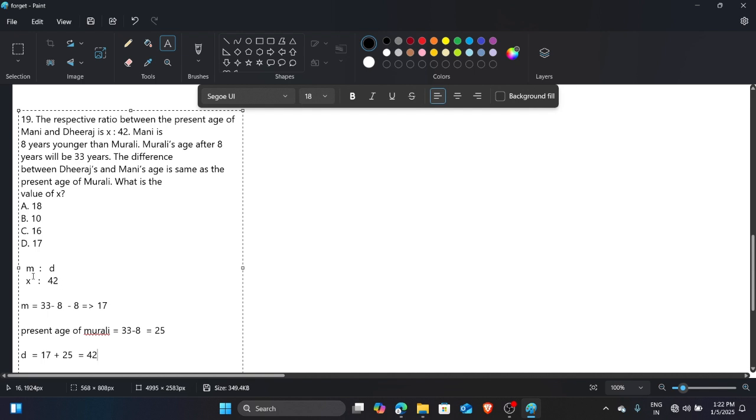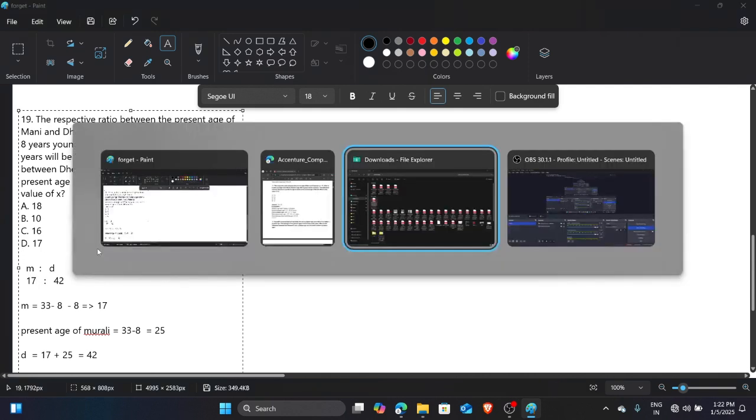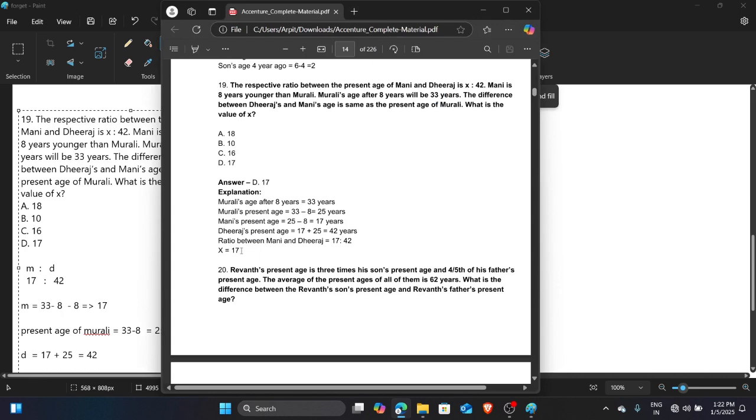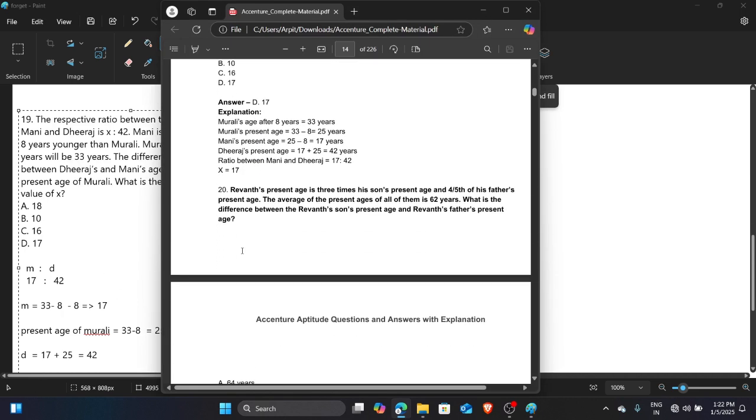Then it means it's 17, so 1 unit is equal to 1 unit, then the 17 unit is also equal to 17 units. So it has the 17. So the answer is D. Yeah, so you can match it. The answer is D. X equal to 17.